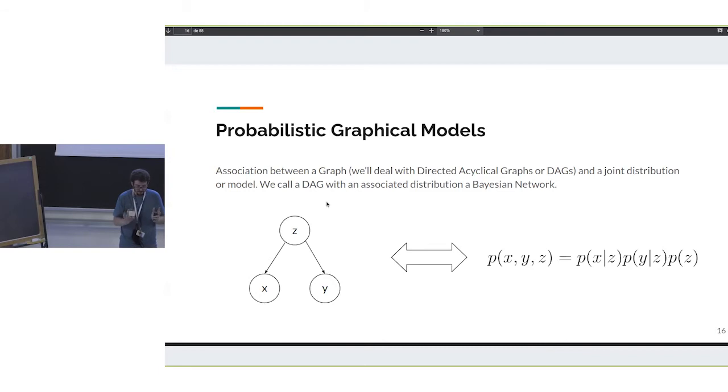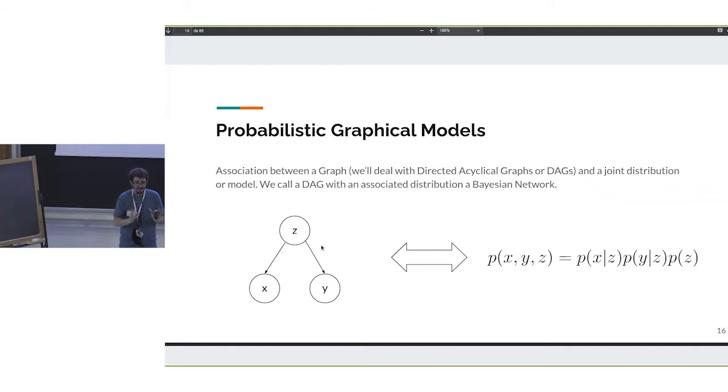So we'll deal mainly with what we call the directed acyclic graph, in which the links between nodes, the nodes are, for instance, here X, Z, and Y, the links only have one direction, and there are no loops in which a single node feeds into itself. That's why it's acyclic.